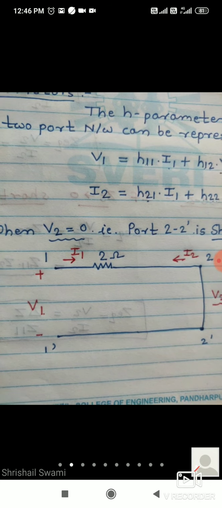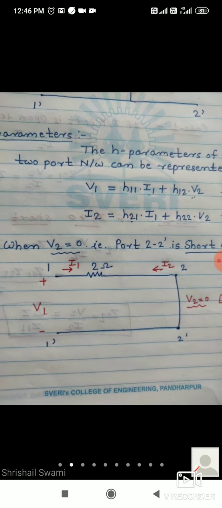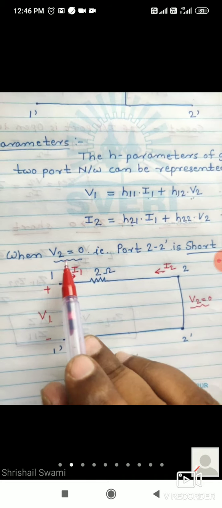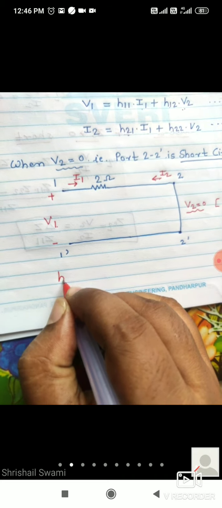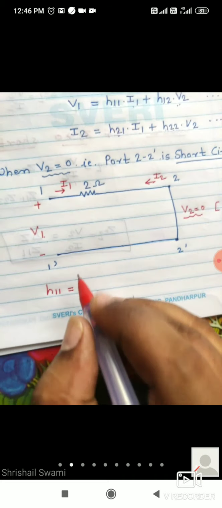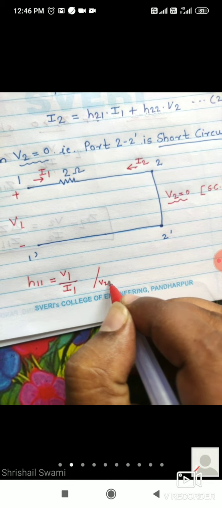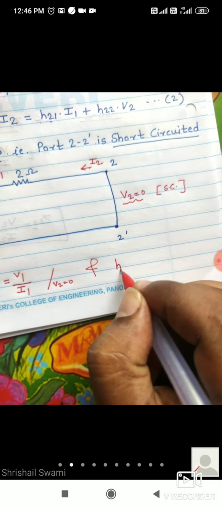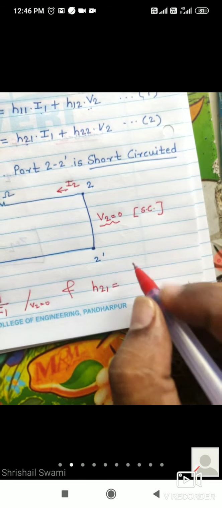Now V1, I1, I2 are present, V2 equal to 0. Now when V2 equal to 0, you are putting in equation number 1 and 2, you will get two parameters. कुठले? H11 is equal to V1 upon I1, condition is V2 equal to 0, and H21 म्हणजेच काय I2 upon I1.